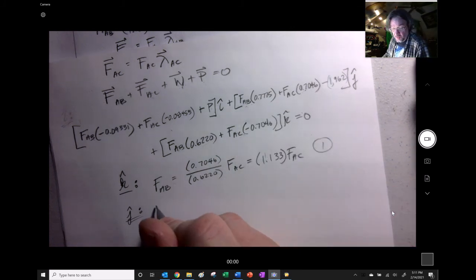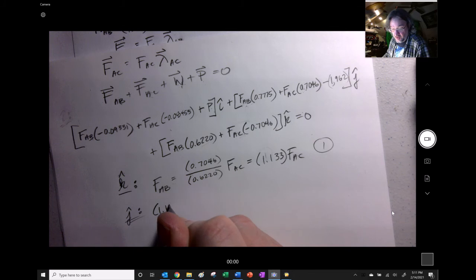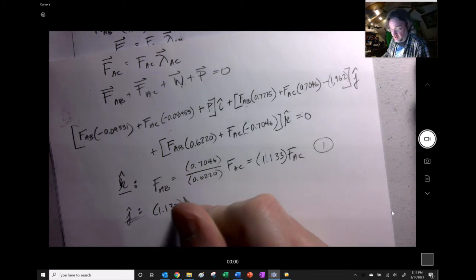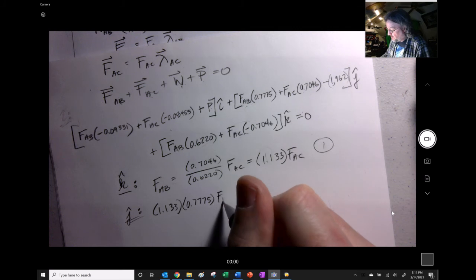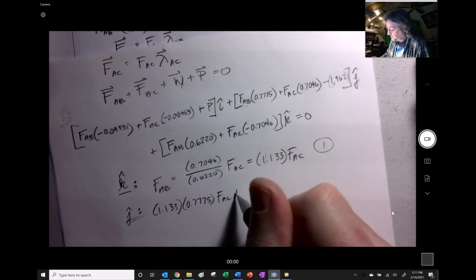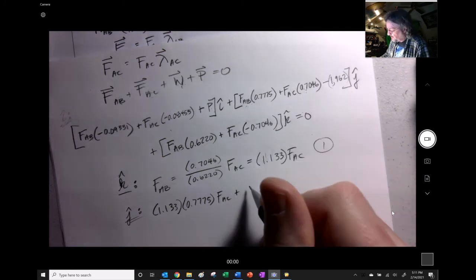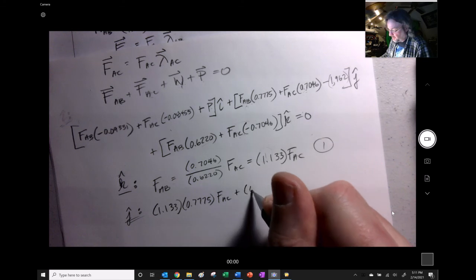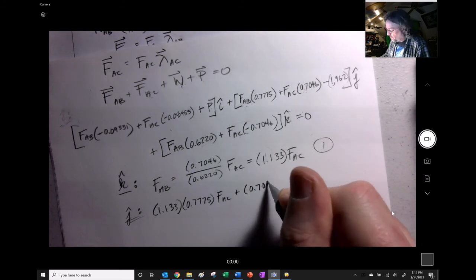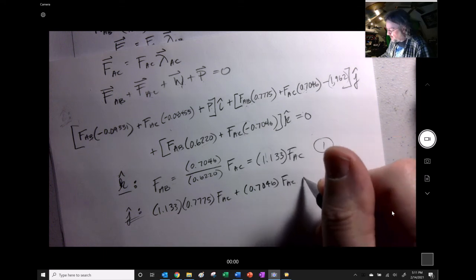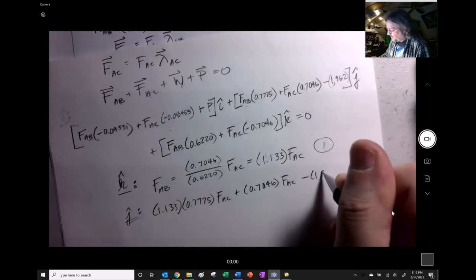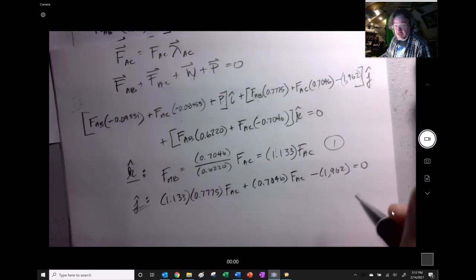So what we will find, we'll get 1.133 times our 0.7775 FAC, and then we still have our 0.7046 FAC, and then minus 1,962 equal to 0.